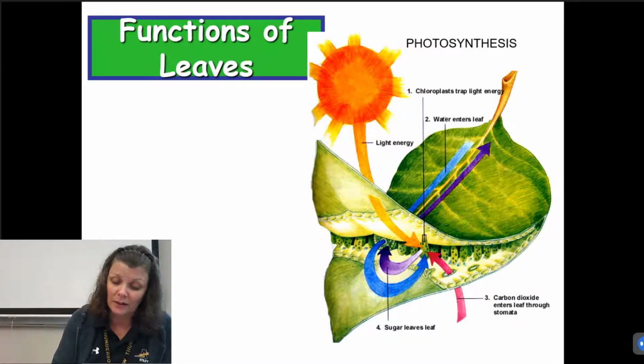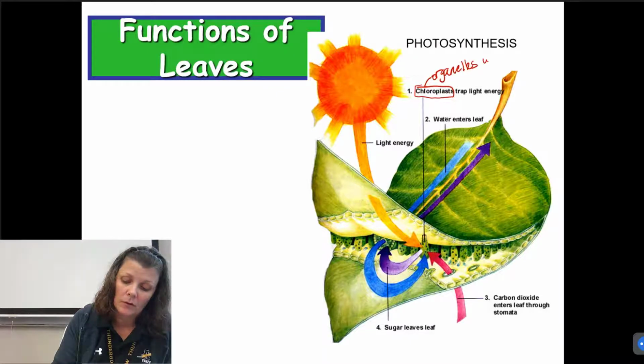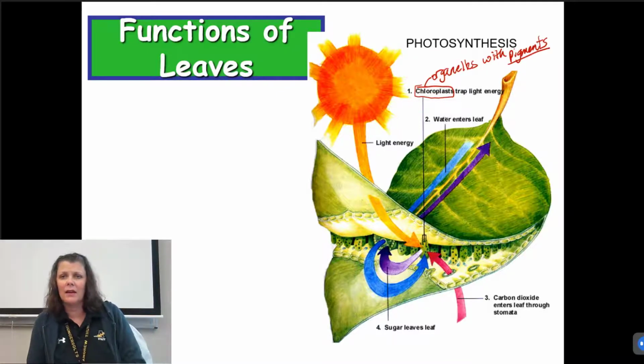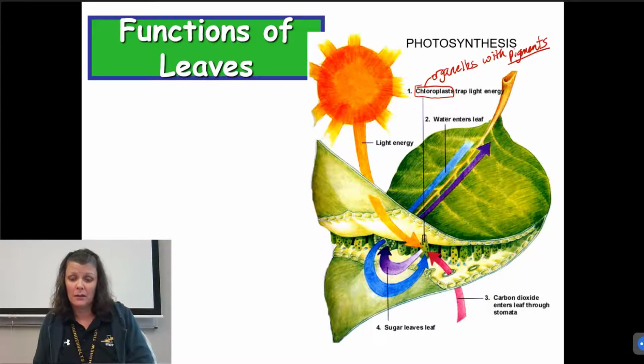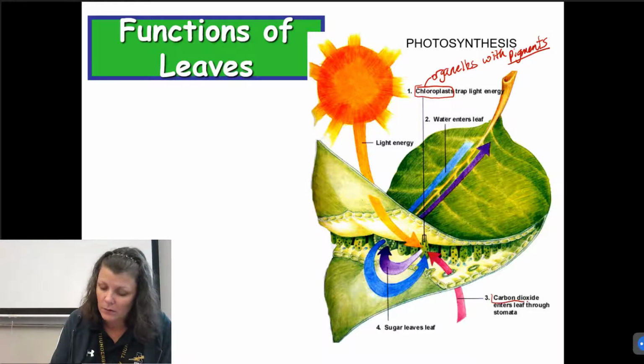these little organelles. So chloroplasts, which are organelles, with pigments. We'll talk about pigments in more detail on another day, but these pigments are going to absorb the light energy. And when they absorb that light energy, they are able to convert carbon dioxide into sugars.